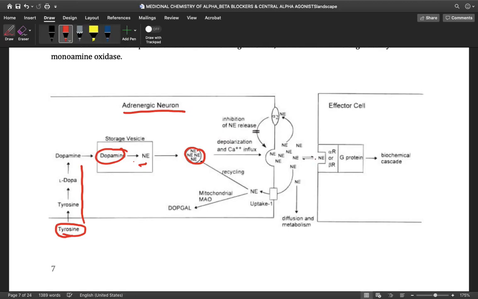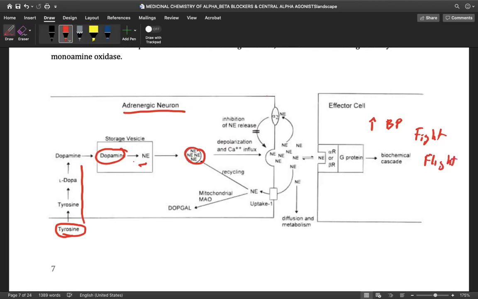When it binds to the effector cell, it initiates a cascade of reactions that we've already seen earlier in the chapter, that lead to an increase in blood pressure, moving of blood from other areas of the body to the skeletal muscles, and initiate the fight or flight response.